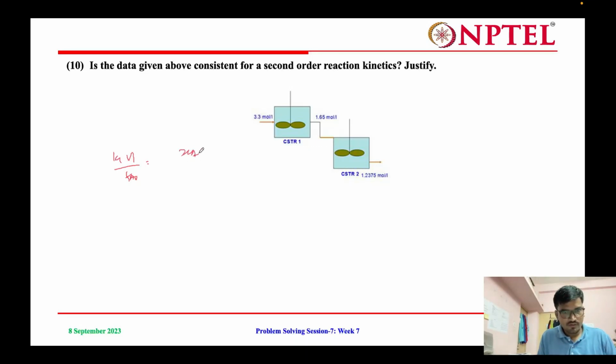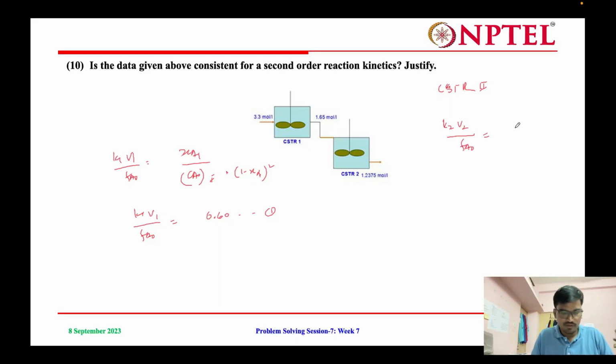So for CSTR1, K1 V1 times CA0 equal to 0.601, equation 1. For CSTR2, K2 V2 times CA0 equal to 0.2693, equation 2.